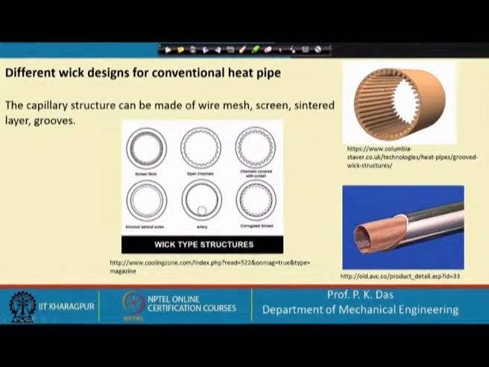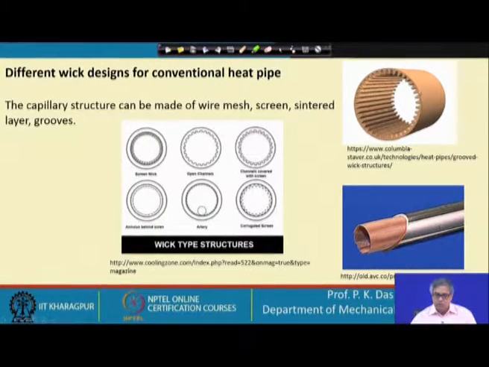Another variety could be that we provide small grooves, so that capillarity is in action. Third, there is a solid metal wall, and just adjacent to it there could be a sintered or porous layer. These should be open pores, connected to one another, but need not be straight.